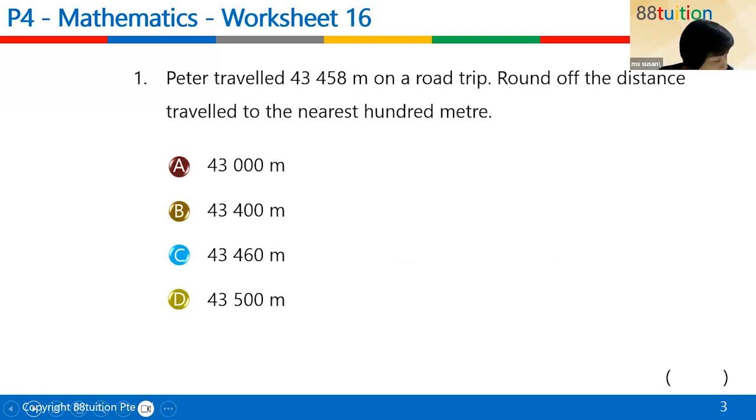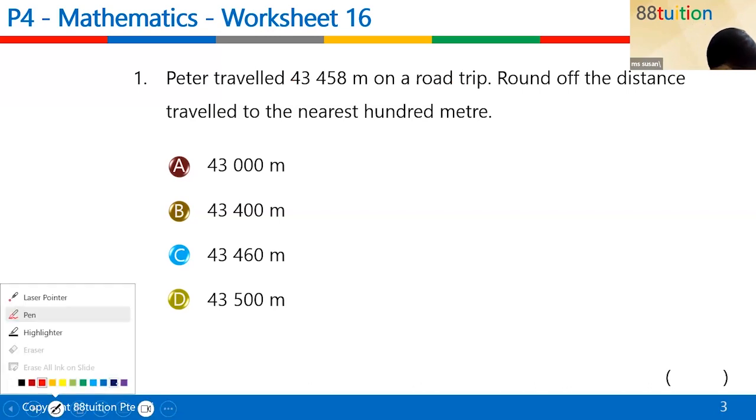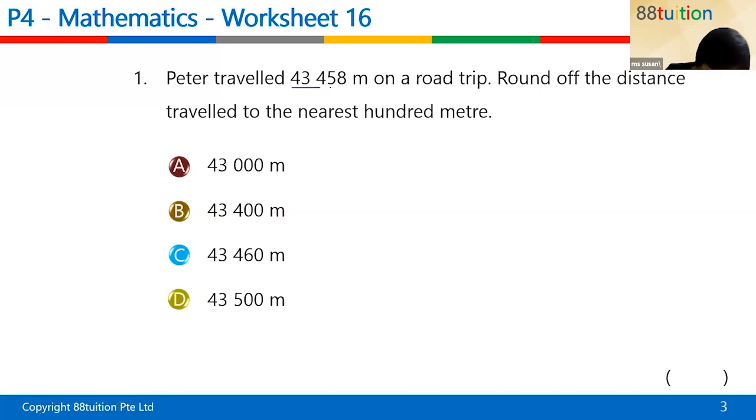First question says, Peter traveled so much distance along the road trip. This is the distance. You are supposed to do rounding off estimation to the nearest 100. The question says nearest 100. So 43,458.